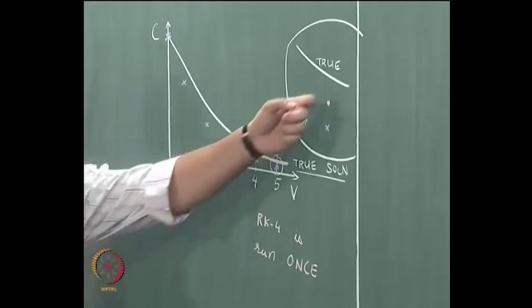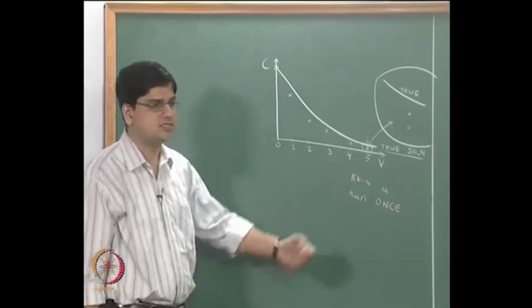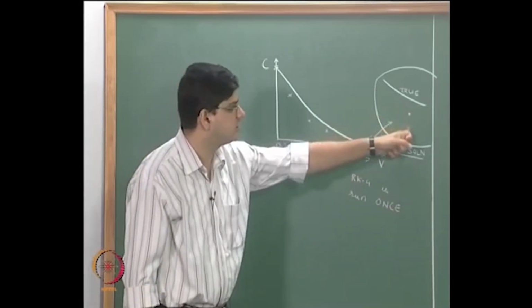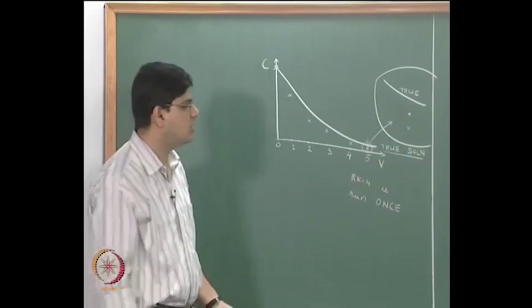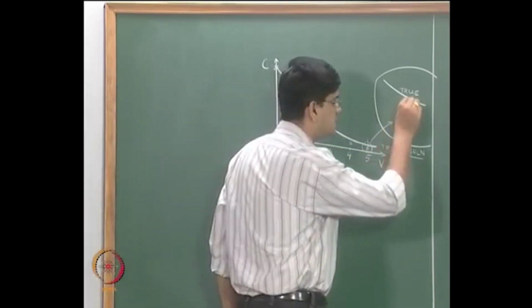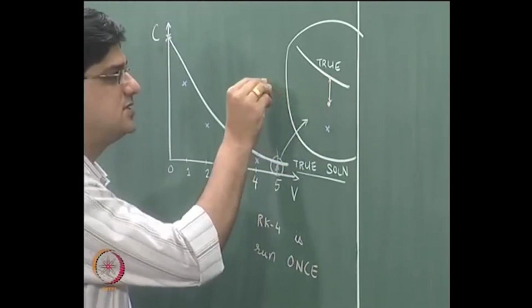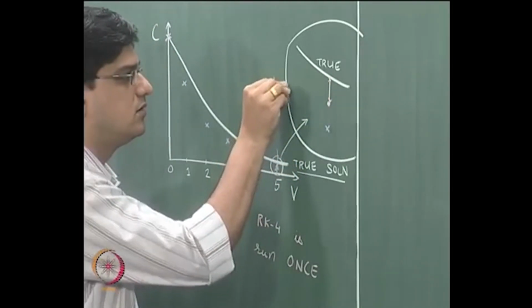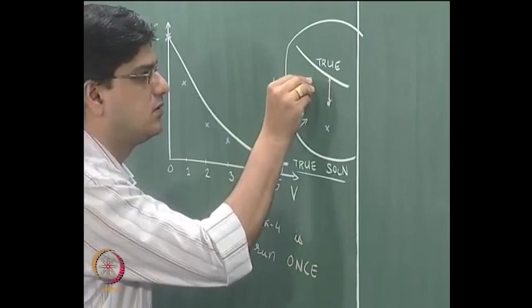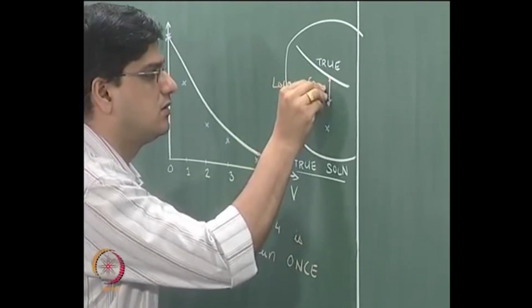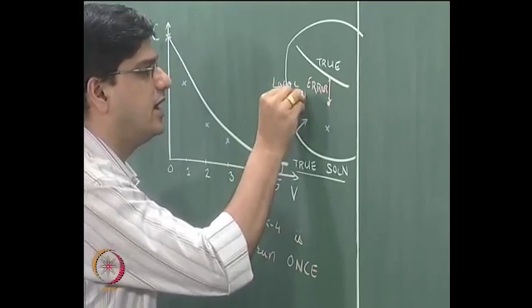Okay, so now if we were to calculate the errors in getting this purple dot, this particular gap represents the local error in RK4.